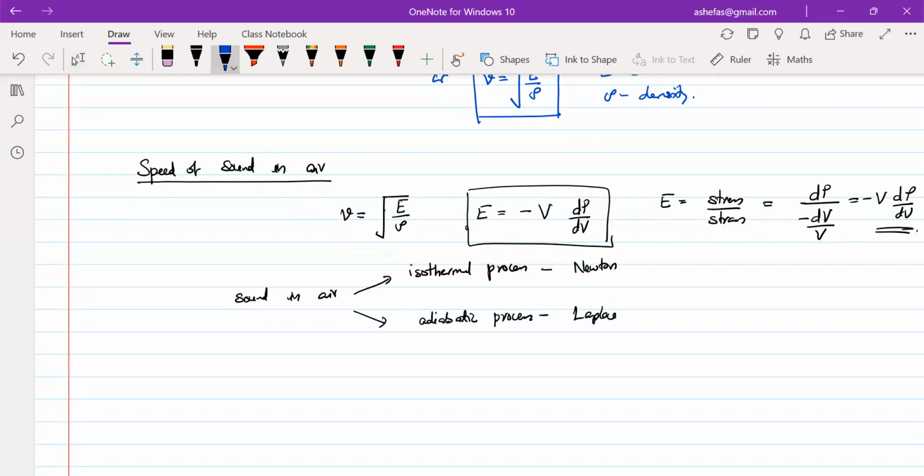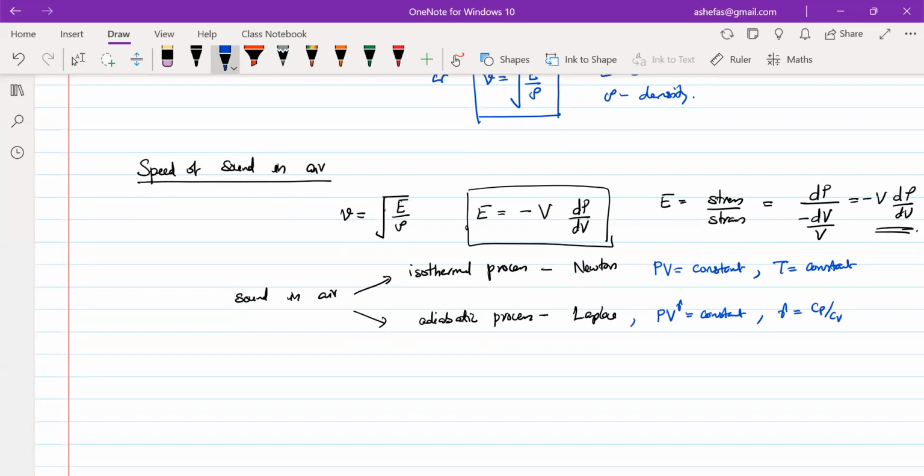So for an isothermal process, the equation would be P times V is a constant, because temperature is constant. And in an adiabatic process, the equation is P V raised to gamma is a constant, where gamma is Cp by Cv, the specific heat capacity at constant pressure divided by the specific heat capacity at constant volume.